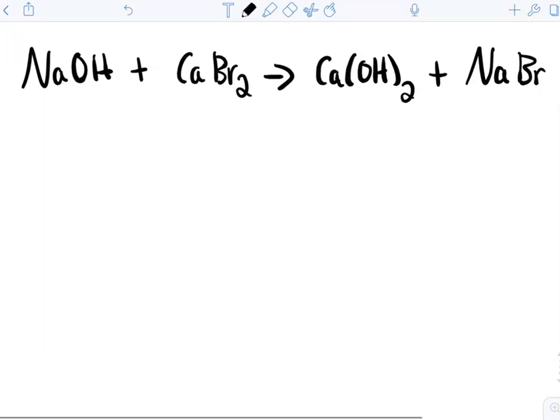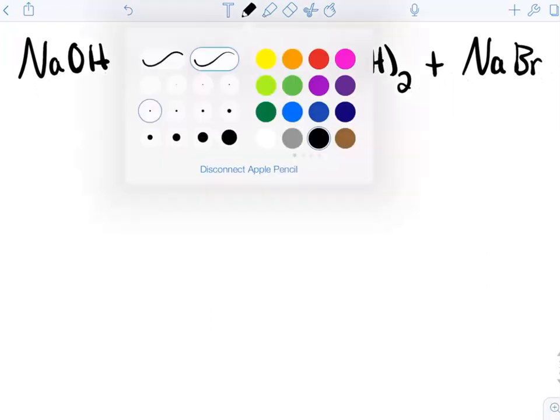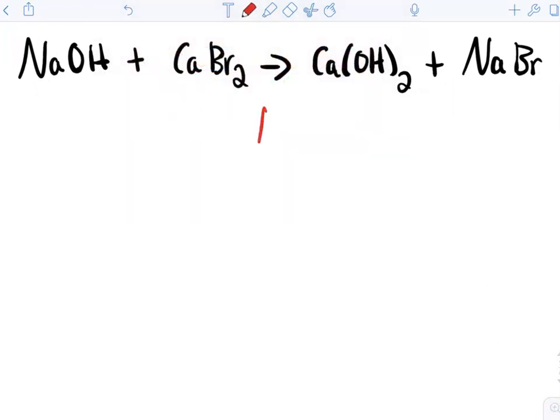When I'm going through my element list to write these down, I'm going to start with Na, but then I have OH together here and I have OH together here.